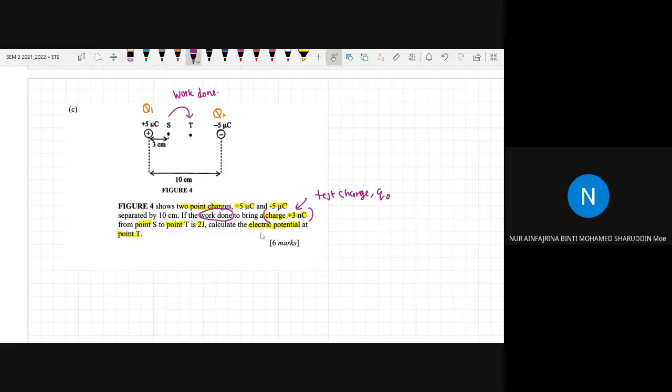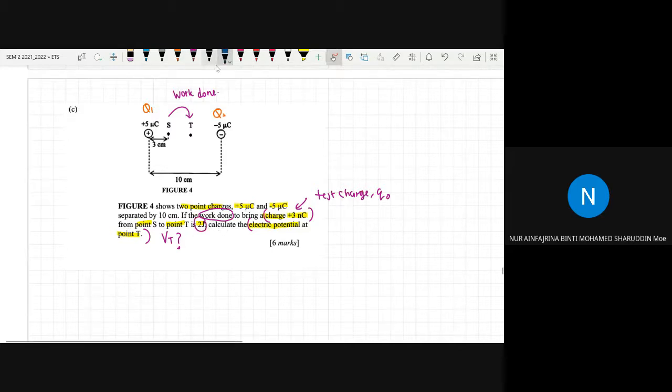Okay, so now the question asks us to calculate the electric potential at point T. So dia minta kita calculate electric potential at point T berapa. So now, what we need to do now is kita nak cari VT, tapi kita tahu work done dia. Okay, dia dah bagi tahu dah work done dia adalah 2 joule.